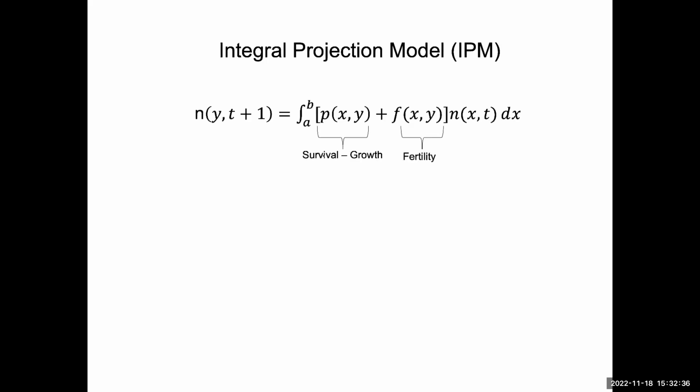To test those two hypotheses, I use this formula, which is an integral projection model, where the size of the population at t plus 1 is a function of the size of the population at t, and the probability of each individual in the population to survive and grow, or survive and give new offspring.